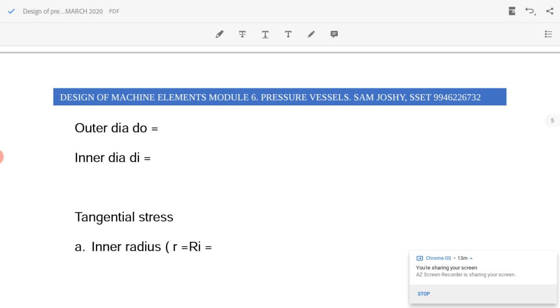Let me rewrite these values. Outer dia will be equal to 300 mm. Inner dia equal to 200 mm.